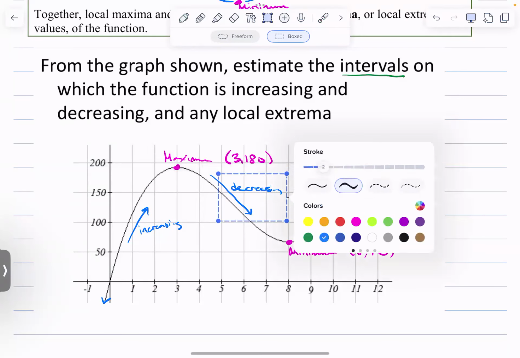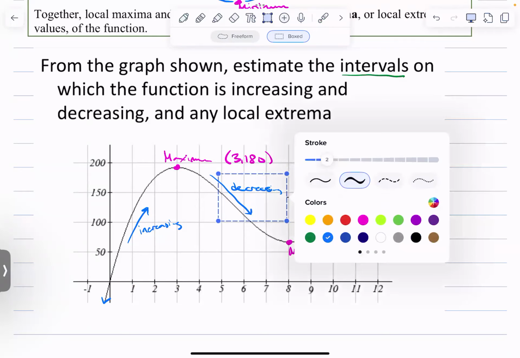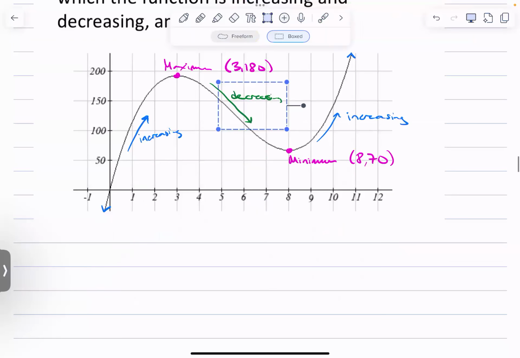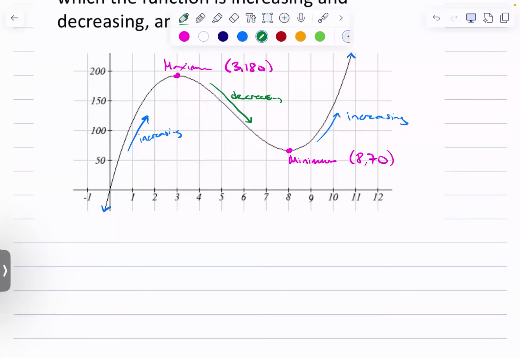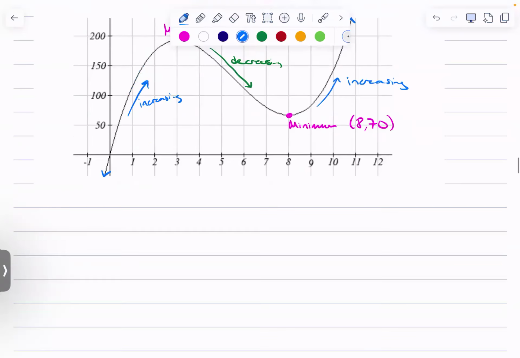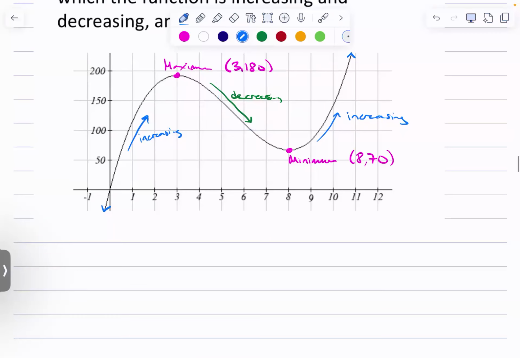I'm going to change the decreasing to a different color. How about green? Although that's kind of an increasing color, but anyways. Increasing is blue and decreasing is green.